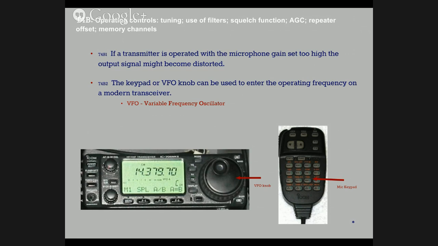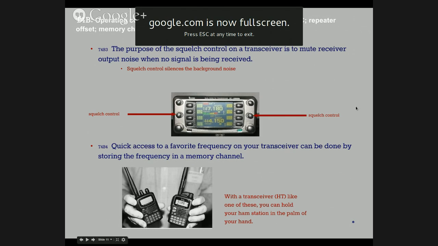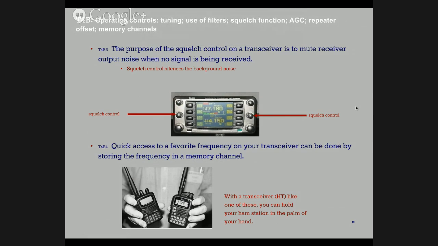Sometimes they're both beneficial. In addition to VFO, we can also store frequencies in memory channels. Generally, most radios and transceivers do have some sort of digital memory in which you can store frequencies and label them so that they're easier to remember.